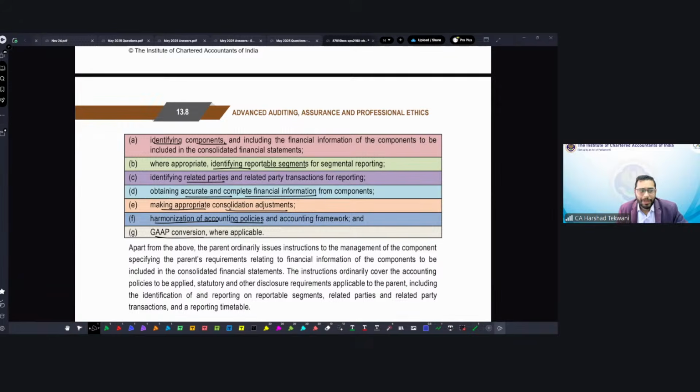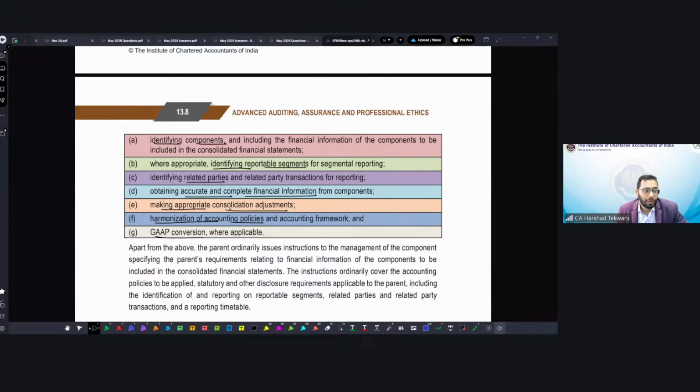Now, what does 129(3) say? Where a company has one or more subsidiaries, in addition to its own financial statements, it is required to prepare a consolidated financial statement of the company and all its subsidiaries in the same form and manner as applicable to that company. And there are exemptions.